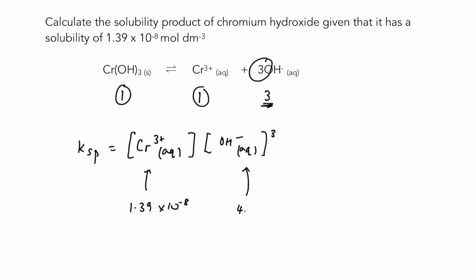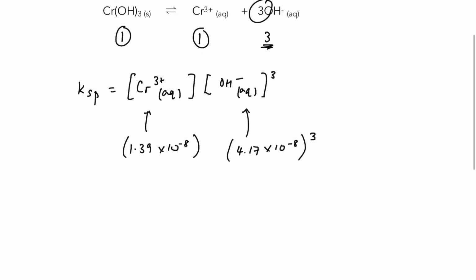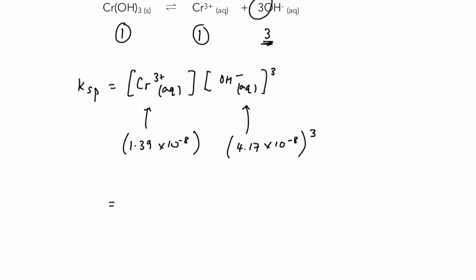So that would be 4.17 times 10 to the minus 8. Then we can multiply that by the cube of that. So yeah, it does seem like we're kind of multiplying up many times, but pay attention to the method always. And the solubility product comes out to be 1.01 times 10 to the minus 30. In this case, mole to the 4, dm to the minus 12, that should say.